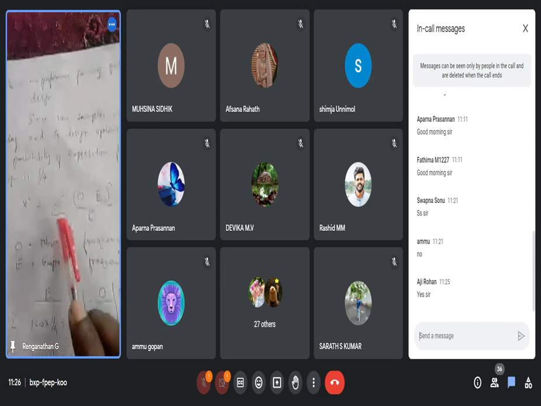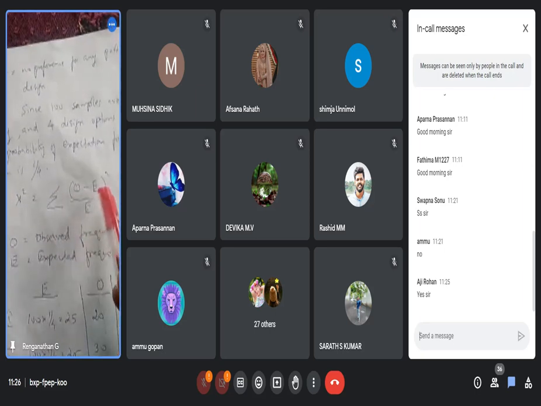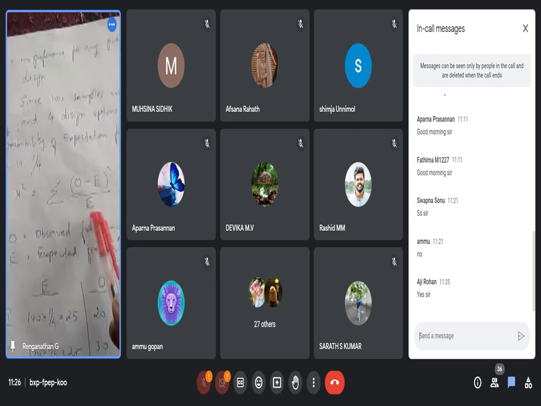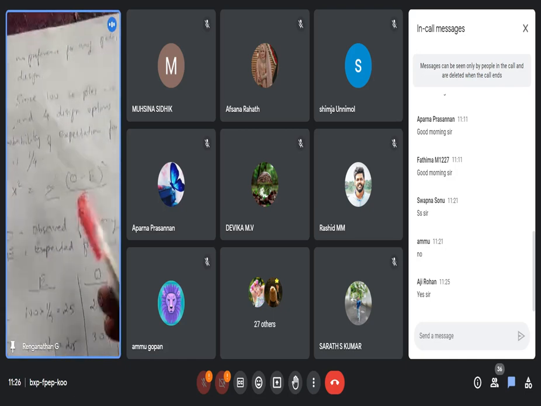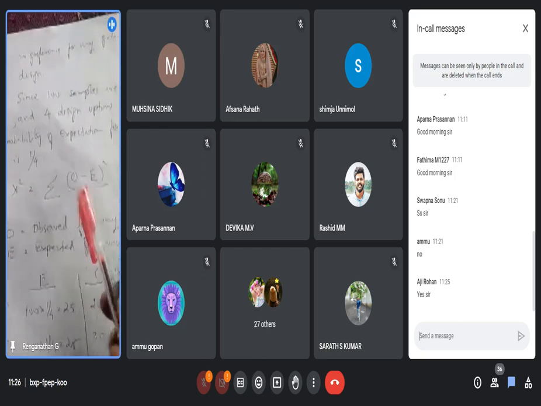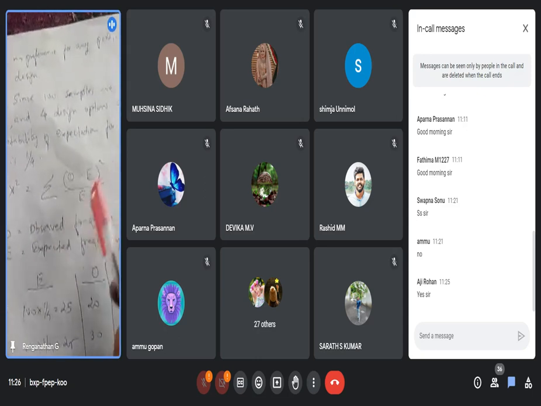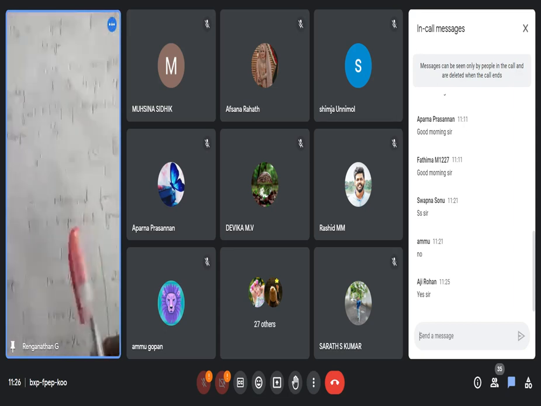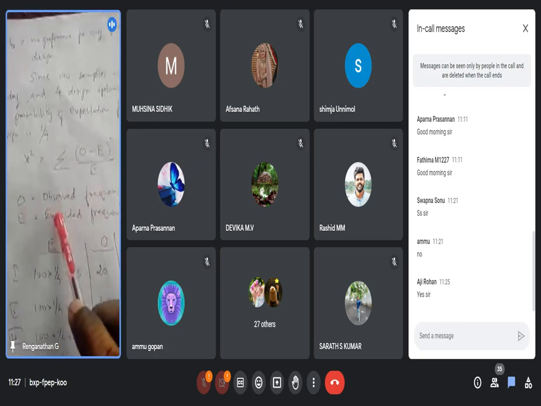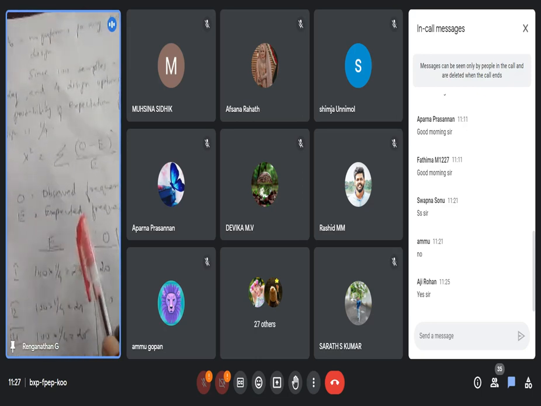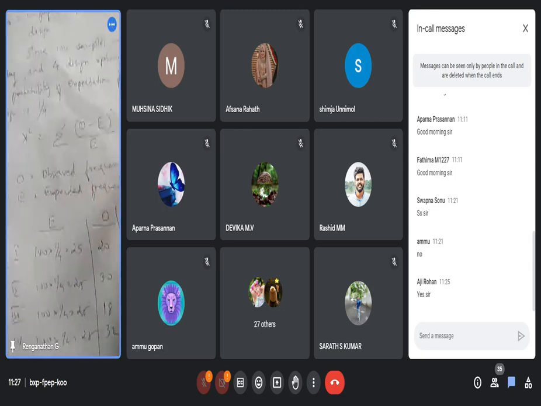X square is equal to sigma of O minus E the whole square divided by E. The sigma is applicable to this whole item, O minus E the whole square divided by E. Here O is equal to observed frequency, and E means expected frequency.